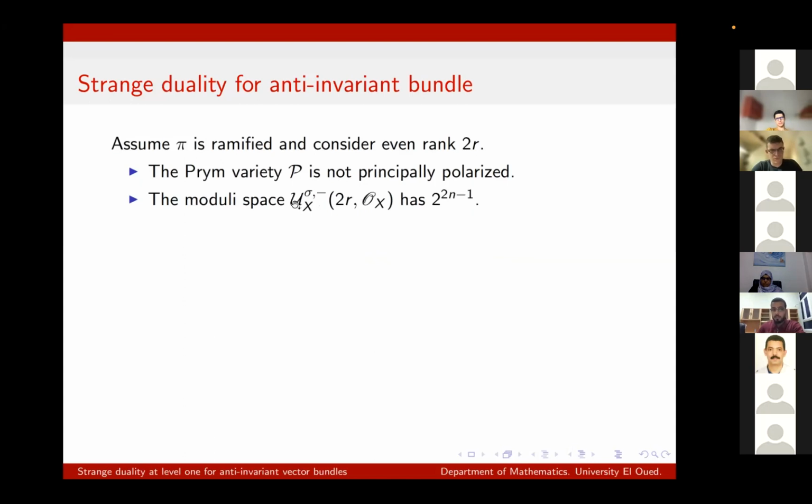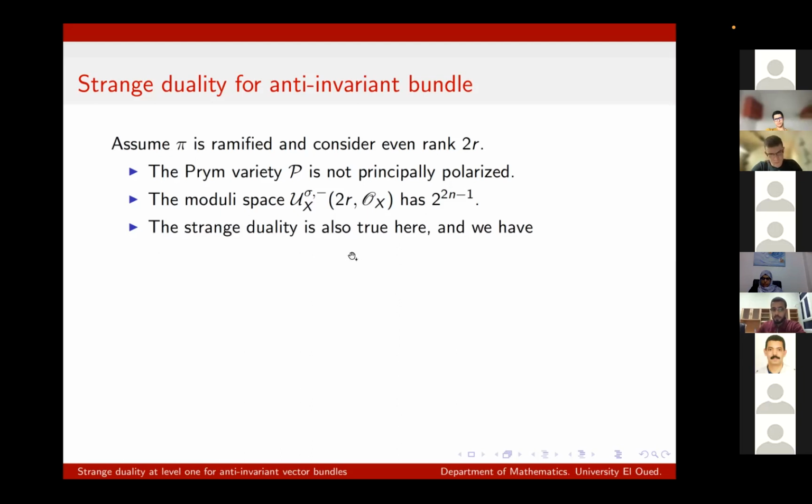Secondly, we get from the study of the Hitchin system that this moduli space contains 2 to the power 2n minus 1 connected components. So we should use the connected component of the identity here.